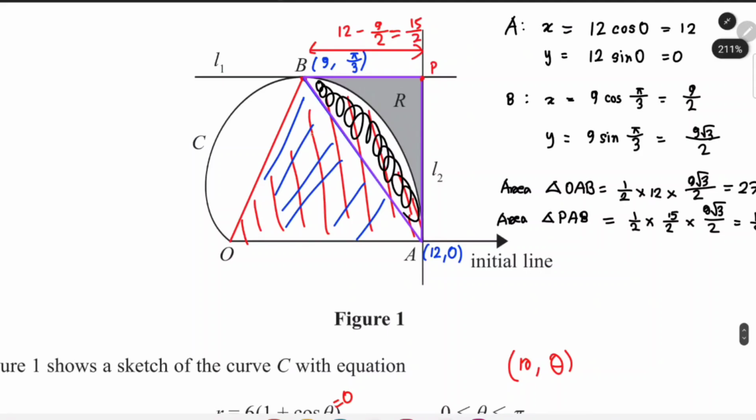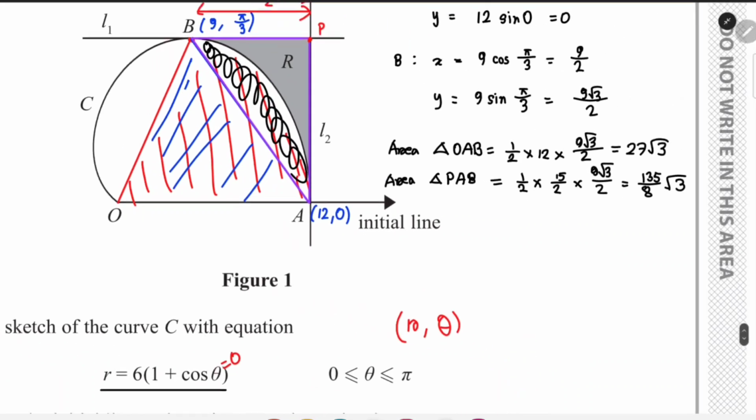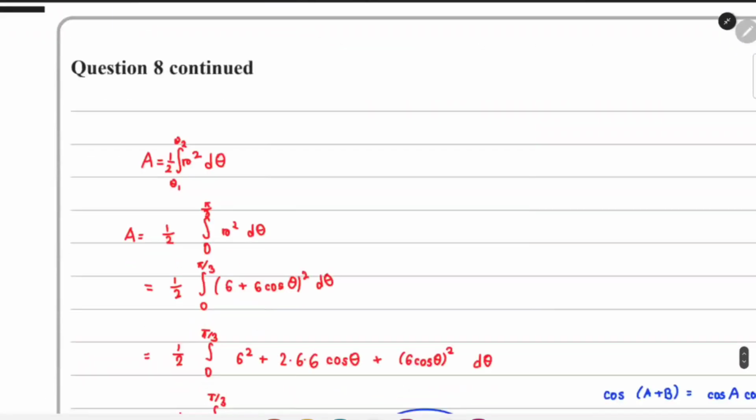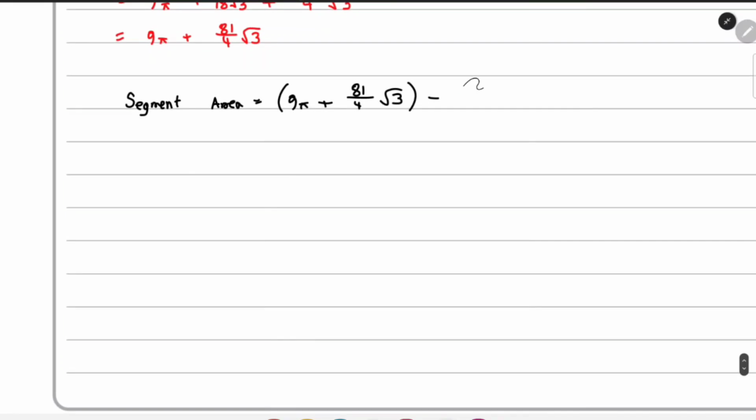So this blue triangle OAB, and I know that it's 27 root 3. So I subtract 27 root 3 from here. I'll get 9 pi minus 27 by 4 root 3. Now this is the segment area.